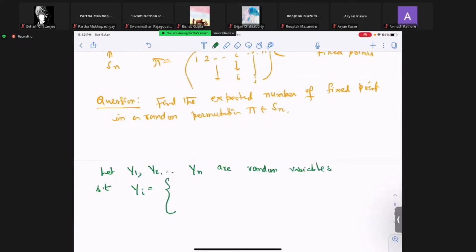That's the main thing to do. After that, it's more like routine work. You have to associate the random variable correctly with the question: the number of fixed points.